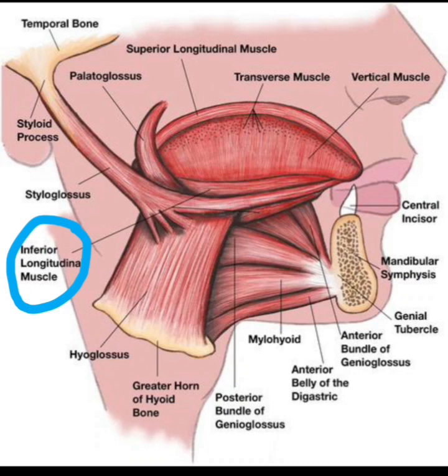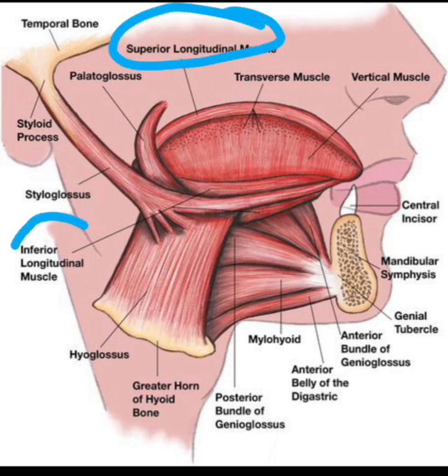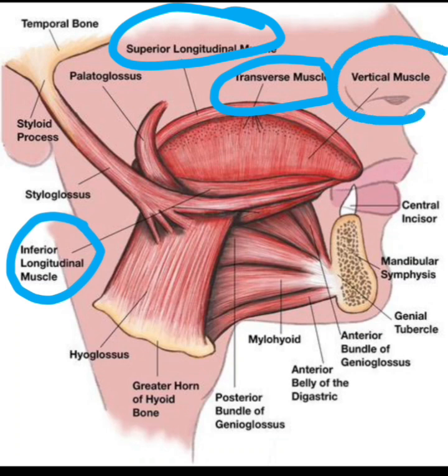You can see this is the inferior longitudinal muscle. This is our tongue. The third muscle is the transverse muscle. And the fourth is the vertical muscle, present at the anterior of the tongue. So 4 types of muscle: superior longitudinal, inferior longitudinal, transverse and vertical.